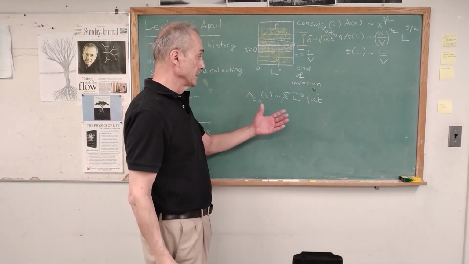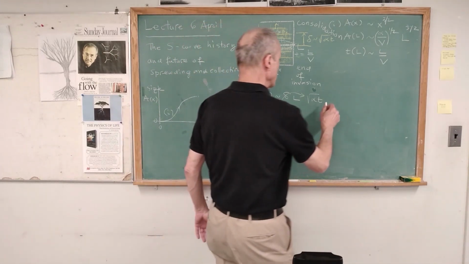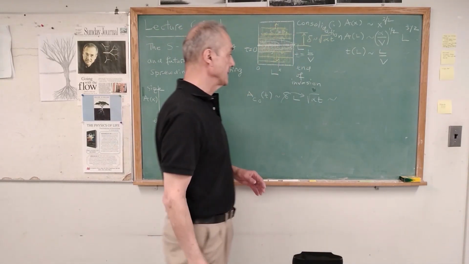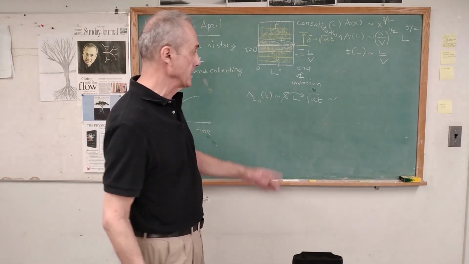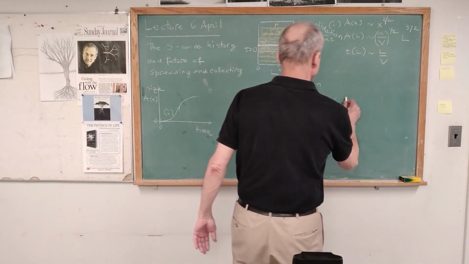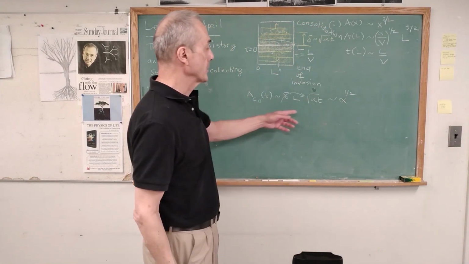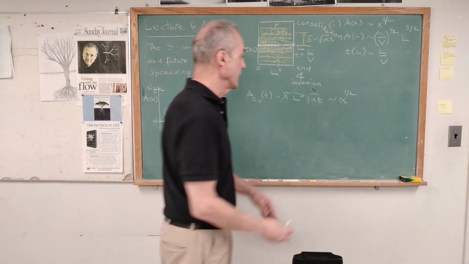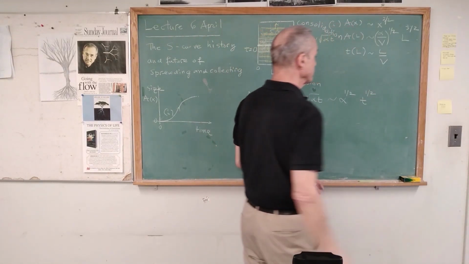And amazing, with almost zero effort, we have discovered that the remainder of the growth behavior is described by this formula, square root of alpha, and then t to power 1/2.